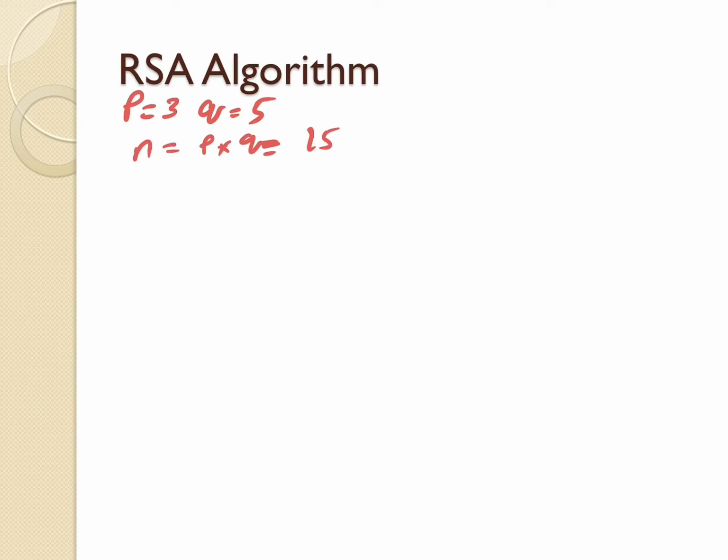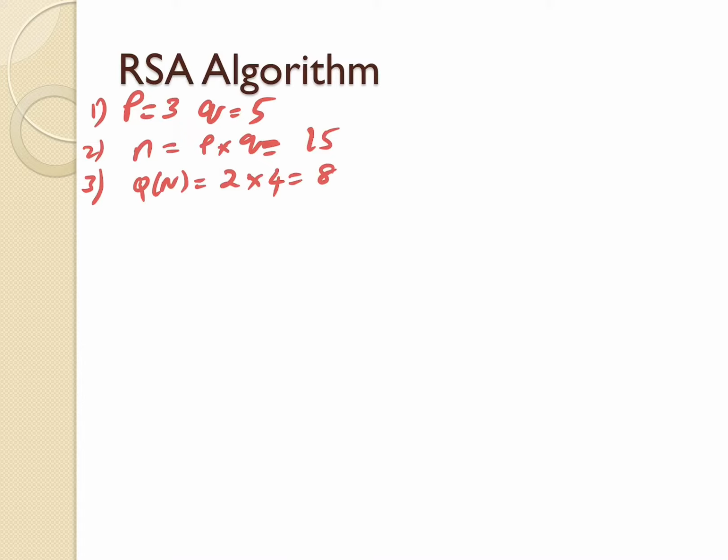Step number 3, we have to assign a value of pi of n. Pi of n is P minus 1 times Q minus 1, that is 3 minus 1 is 2 and Q minus 1 is 4. So 2 fours are 8. So now the pi of n is 8.